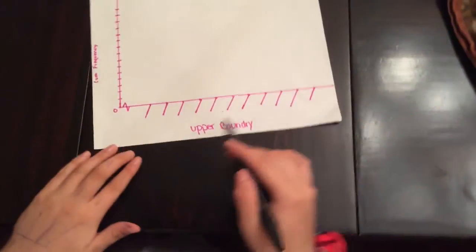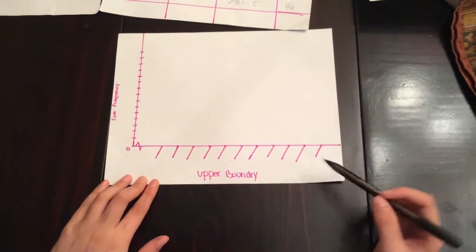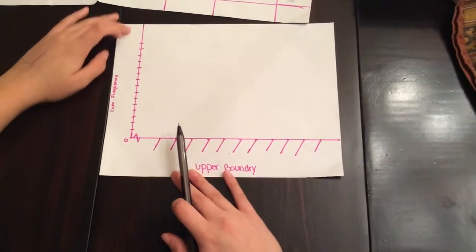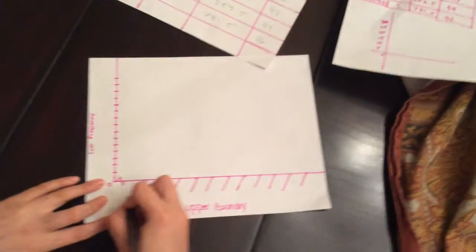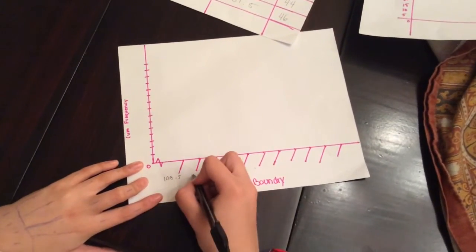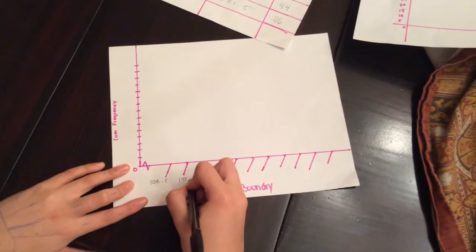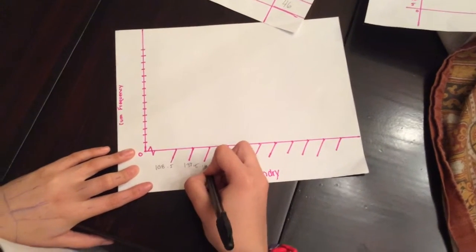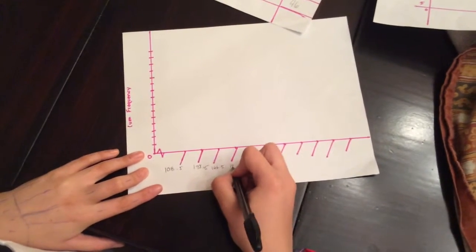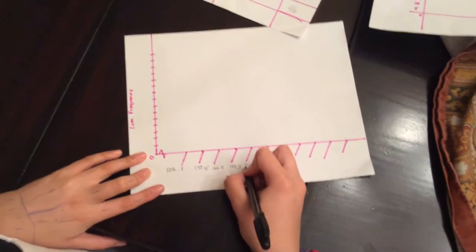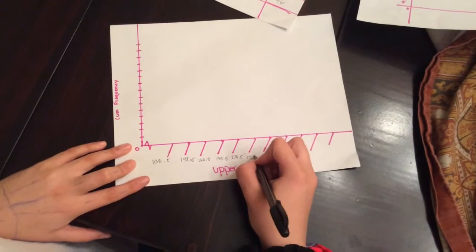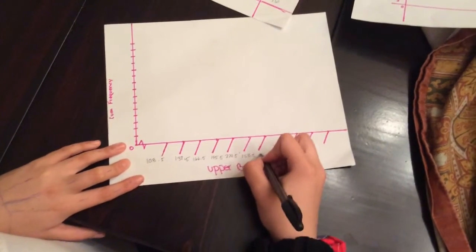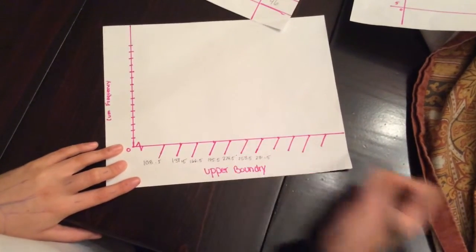Now your graph, the upper boundary is always going to be the x-axis, and your cumulative frequency is always going to be the y-axis. So you're going to label this now. It's going to be 108.5, 137.5, 166.5, 195.5, 224.5, 253.5, 281.5.